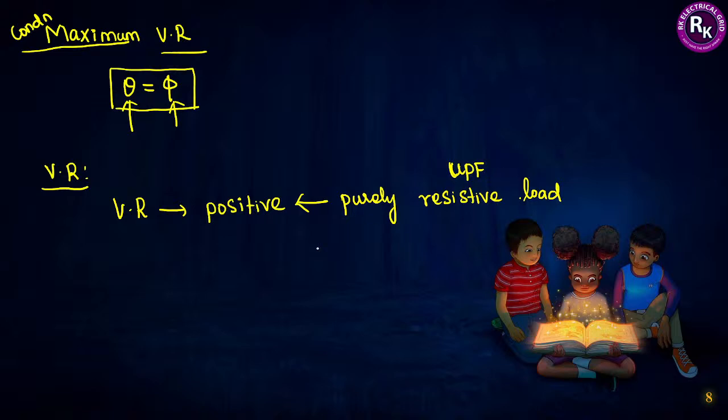The next thing is, if they are giving that the load of the alternator is a highly leading power factor, then also you have to consider your alternator voltage regulation should be positive. Voltage regulation of the alternator will become positive when the alternator is operated at a high leading power factor.